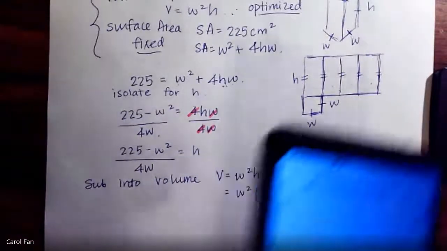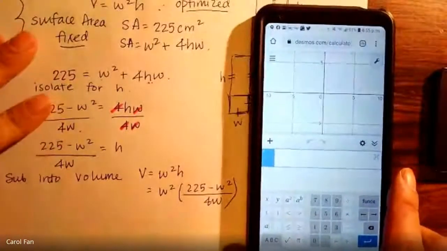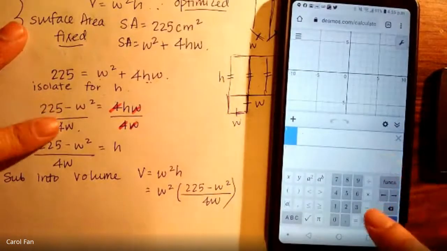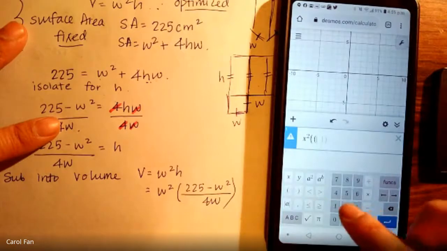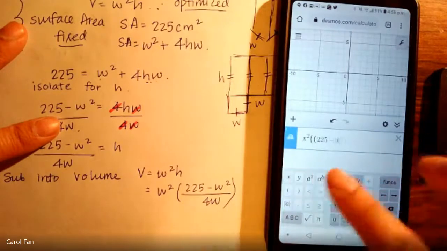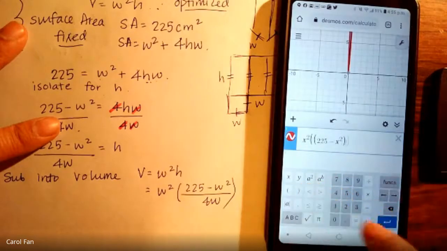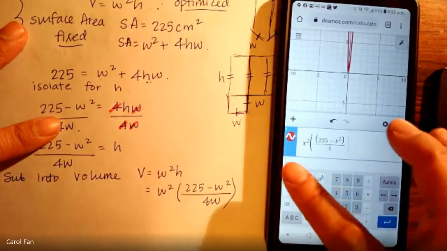Now, we're going to take Desmos and just punch it in. So let's use x squared, big bracket, I'm going to do two brackets, 225 minus x squared, close my first bracket, then we're going to divide it by 4x.